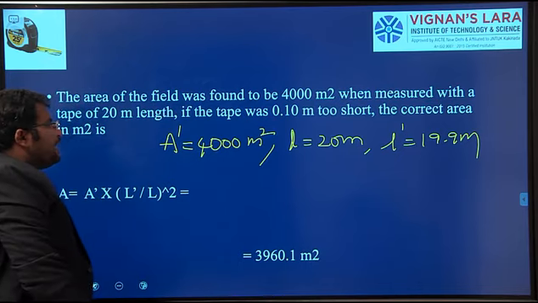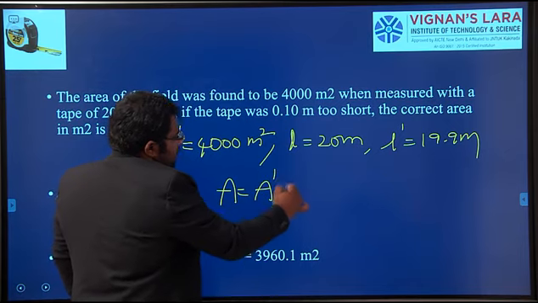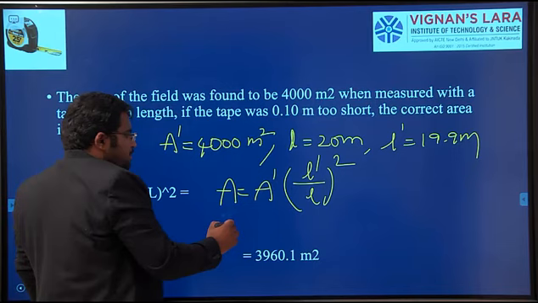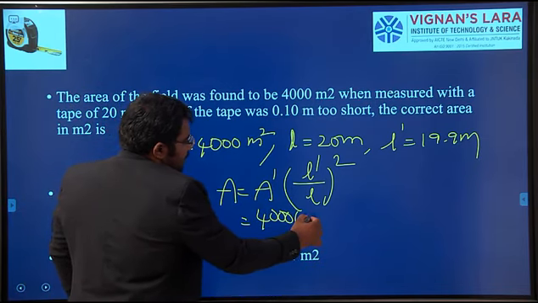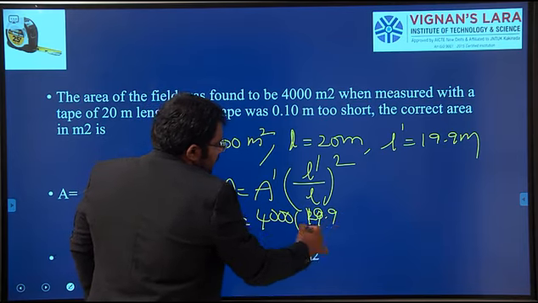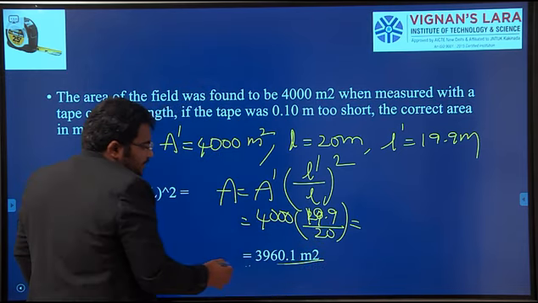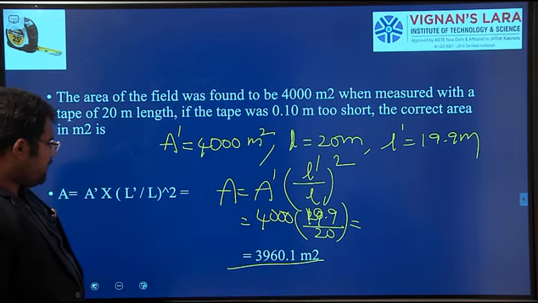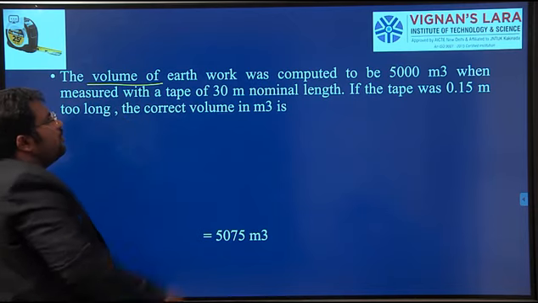Then what is the correct area? To determine the correct area, we have the formula: A is equal to A dash into L dash by L squared. Please remember the square. A dash is 4000 meter square, L dash is 19.9 divided by the actual length, 20. Finally we will get a value of 3960.1 meter square.